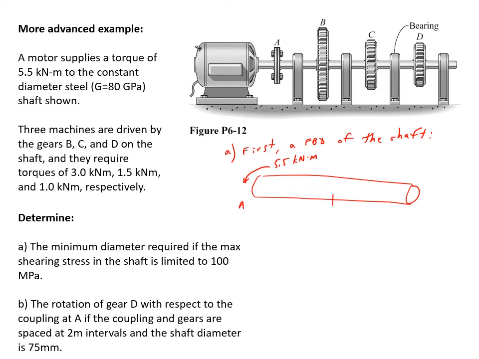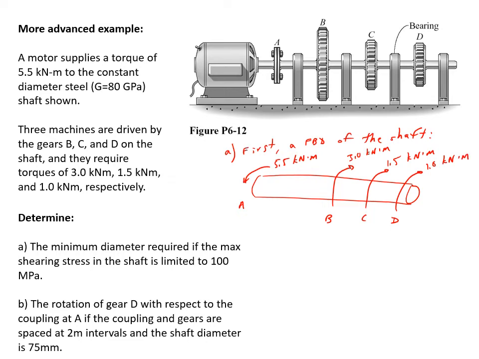And at B and C and D, I've got different amounts of torque. So at B, there's a motor that requires 3 kilonewton meters. At C, there's one that requires 1.5 kilonewton meters. And at D, I've got one that requires 1.0 kilonewton meters, right?